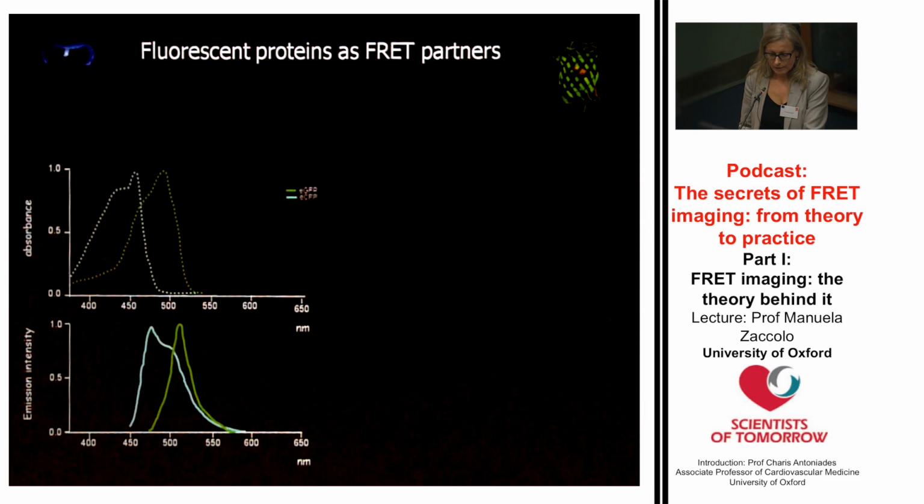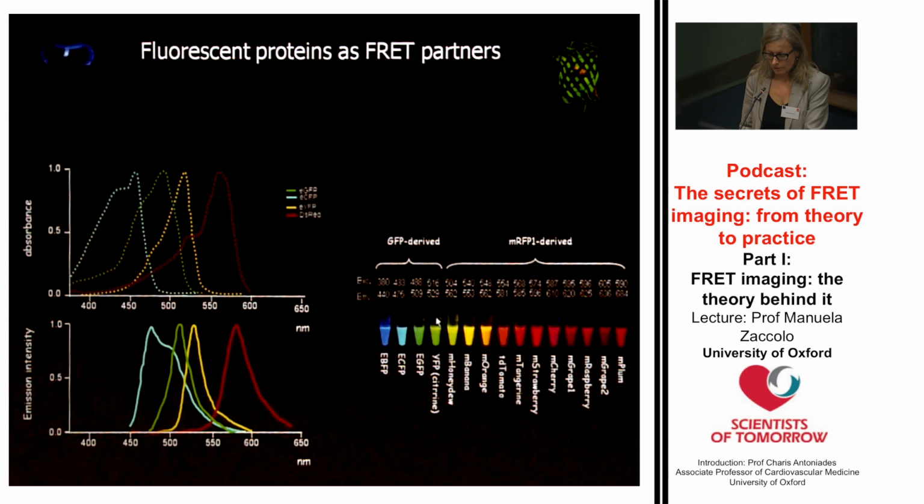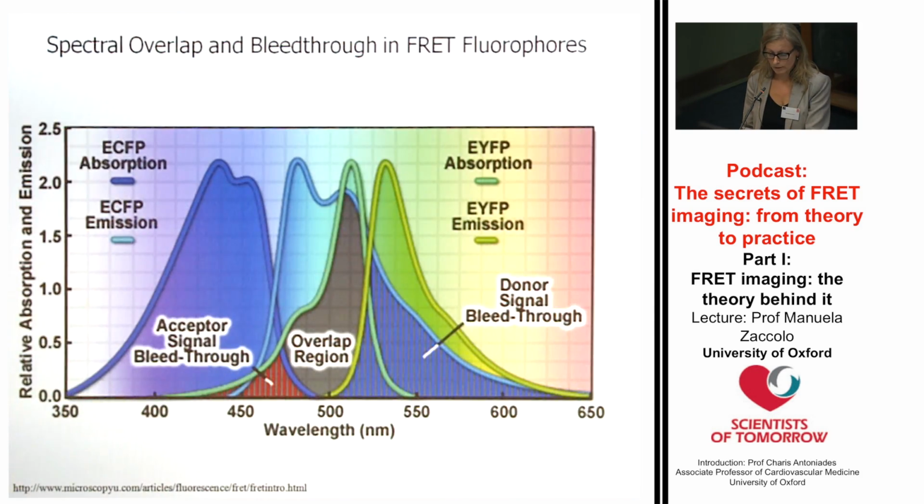Over the years, a number of different spectral variants have been generated, and now there are many of them which cover almost the entire visible spectrum. Not all of them are ideal partners for FRET, and you will need to choose pairs that show the appropriate characteristics.